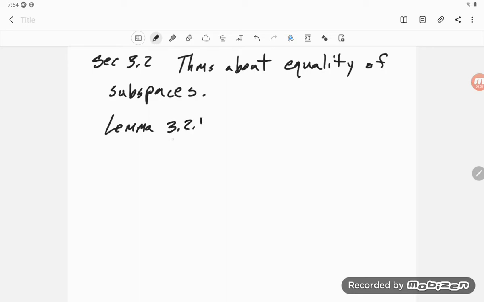3.2.1. And so again, a lemma is a theorem, but it's usually a theorem that is used to establish another theorem.